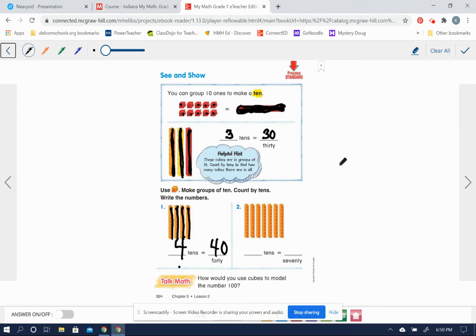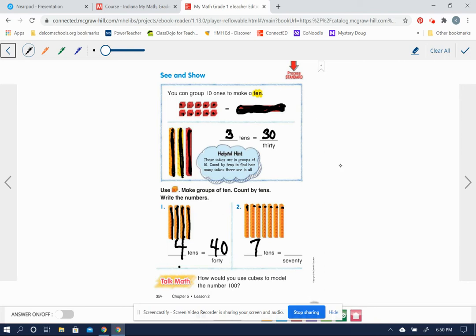Okay, here's a whole bunch of cubes. They put them together in groups of tens. Let's see how many tens there are. 1, 2, 3, 4, 5, 6, 7. There are 7 tens. Now we can count by tens quickly to find out how many cubes there are in all.